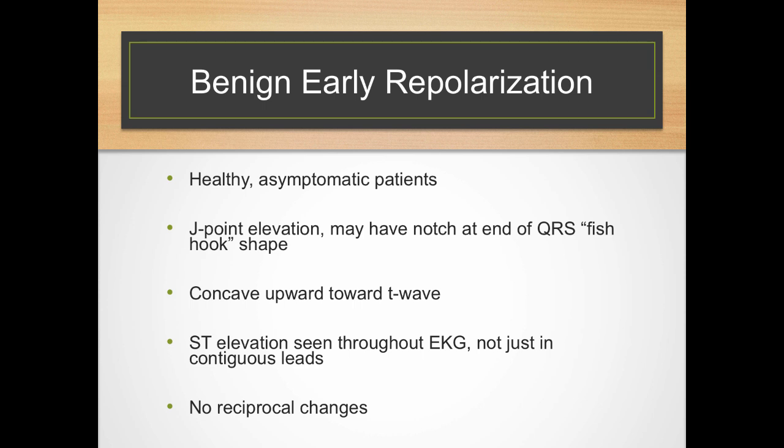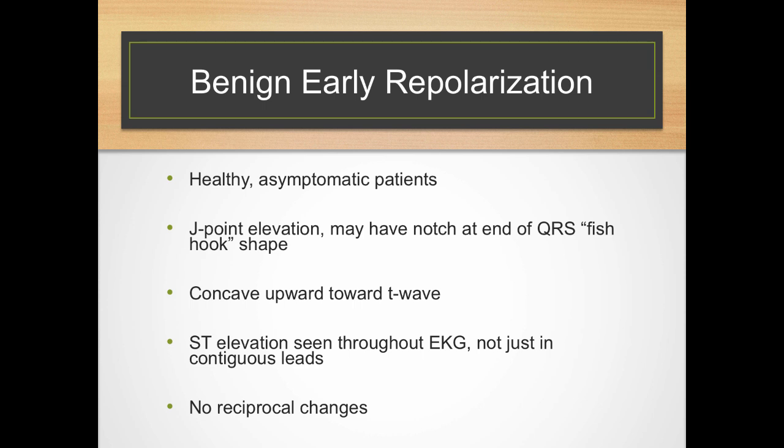This happens in completely healthy patients, asymptomatic patients, so you might do a 12 lead just for funsies, just in case, on a patient, and they're not complaining of chest pain, shortness of breath, nausea, vomiting, any of those typical cardiac complaints. They have a healthy record, no significant past medical history. So healthy patients, asymptomatic patients.